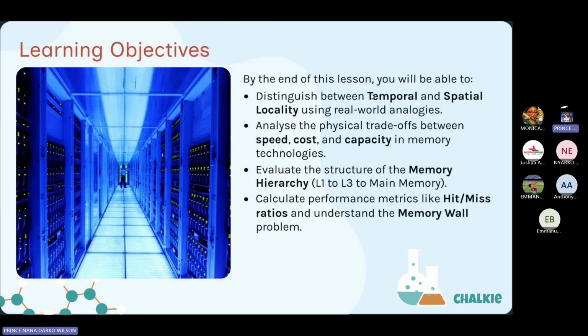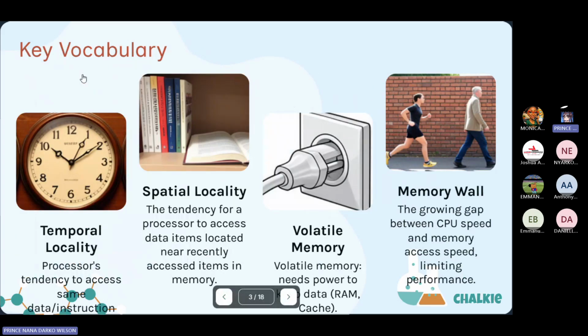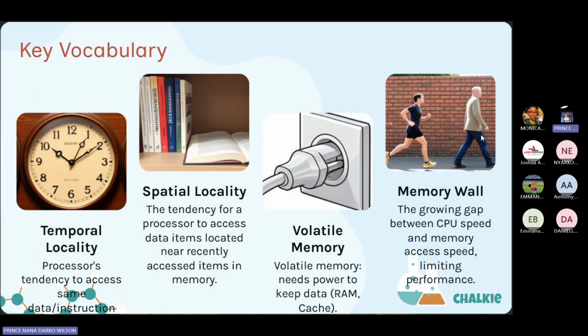You should be able to analyze the physical trade-offs between cost, speed, and capacity in memory technologies. Evaluate the structure of the memory hierarchy, L1 to L3, so level 1 to level 3, to main memory. Calculate performance metrics like hit or miss ratios and understand the memory wall problem. If you have any questions, do not hesitate to raise your hand and ask, okay?